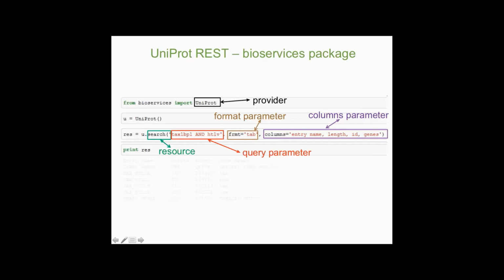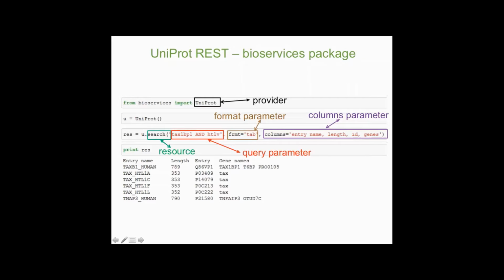We go for the tabular format, and we combine this with an extra parameter called columns, where we specify only the bits of the entries that we're actually interested in. In this case, the entry name, the length of the sequence, the ID, and any gene names that might be present in such an entry. And if we do this, this is what we'd get. We get a tab-separated result where just these pieces of data are present.